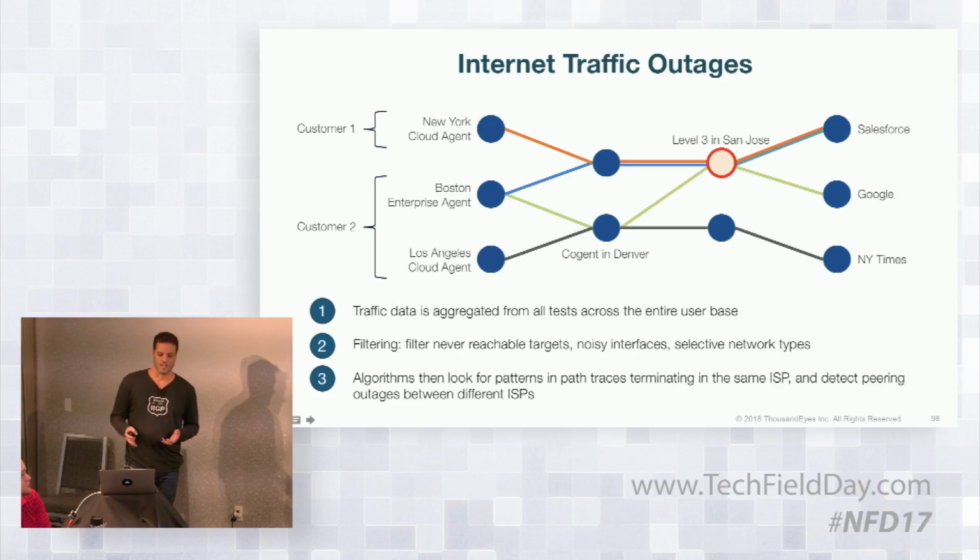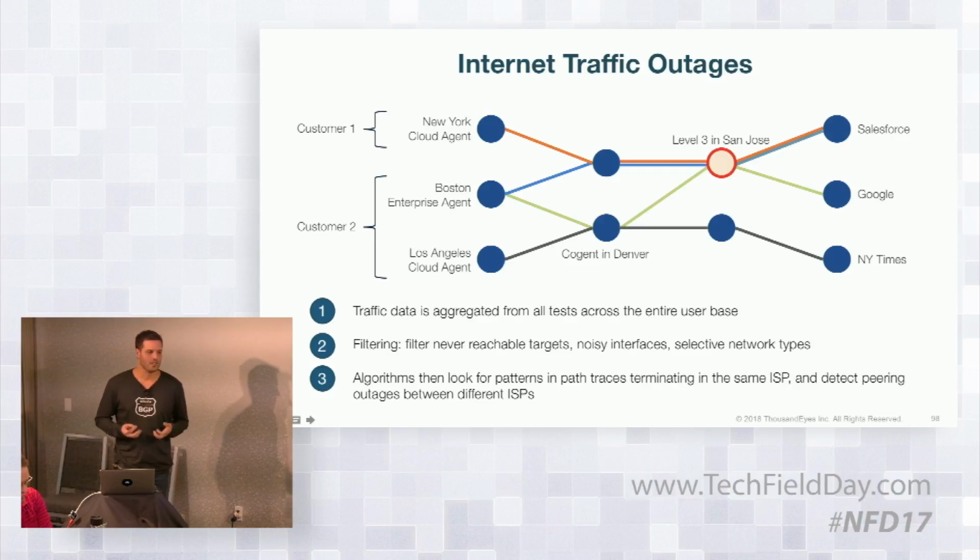They use different applications, but you see they all converge in Level 3, San Jose, and there's a performance degradation there. I like to say this is similar to what's going on with Google Maps. You look at Google Maps, you see the streets with traffic, because people open Google Maps and they're stuck in traffic, and they feed that data back to Google. So this is a similar concept here, the crowdsourcing.